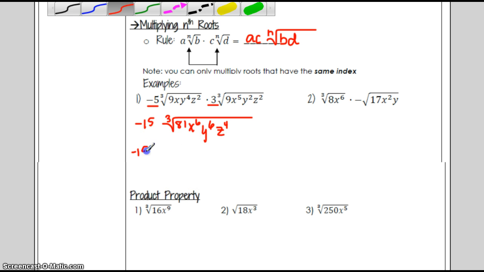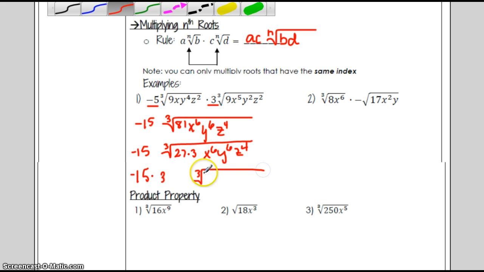Hopefully we've practiced enough of this that you know you're splitting up the 81, and 27 is a factor of 81, and 27 is a perfect cube. Then I'm going to leave my variables and just do that dividing, or thinking about the groups, how many groups of 3 I have. So that 27 comes out as a 3.